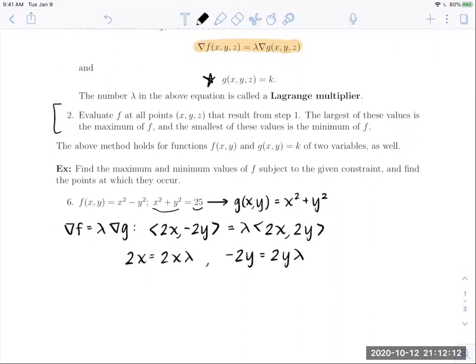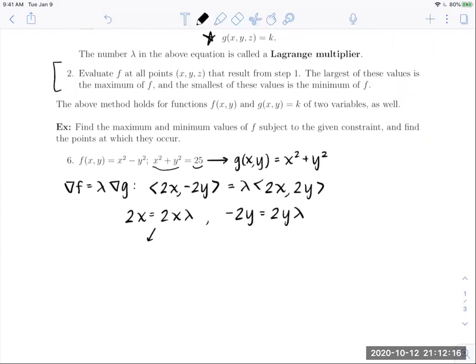So let's zero in on this first equation. So long as x is not 0, I can divide both sides by 2x and conclude that lambda equals 1. But it's very important whenever you're dividing by a variable that you consider the case that variable is 0. So I'm just going to make a note here.